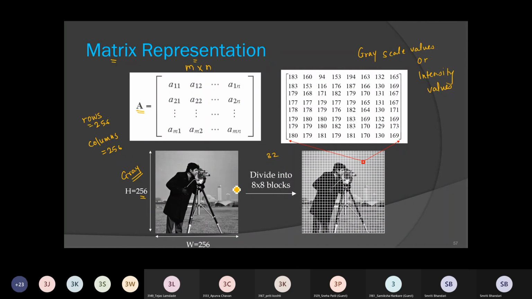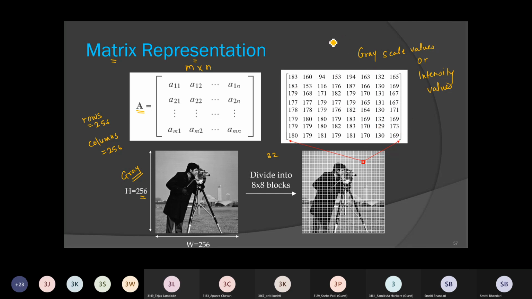To make it simple, we are considering an 8 by 8 block from this image and representing the values in this 8 by 8 matrix. This 8 by 8 matrix is part of the original image and consists of values like this.